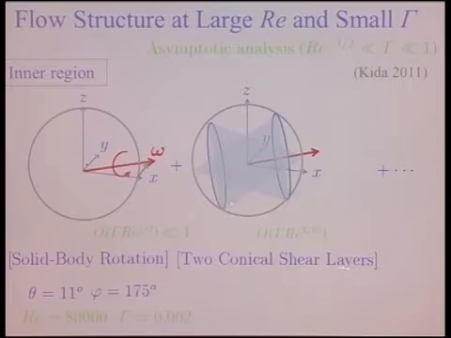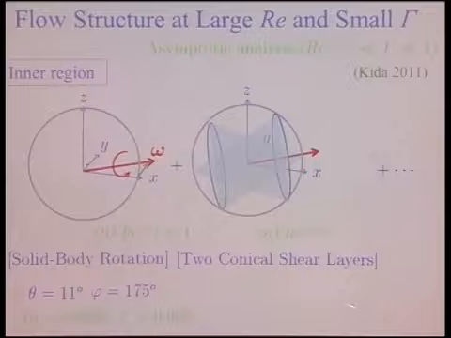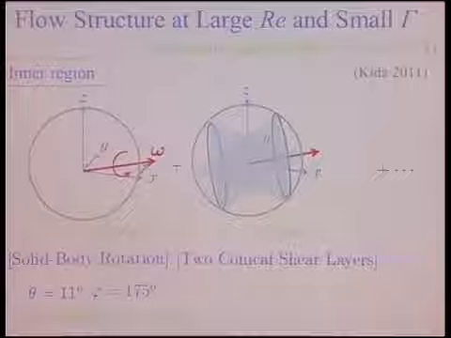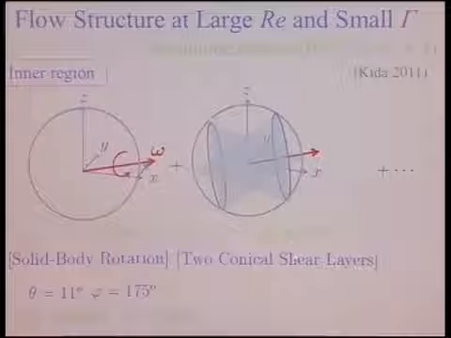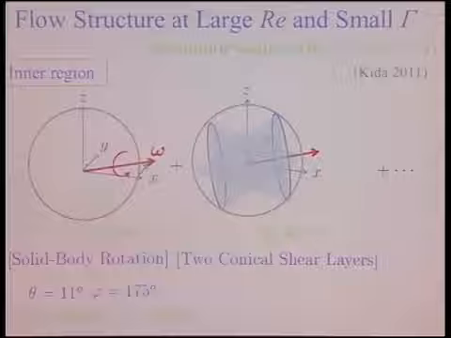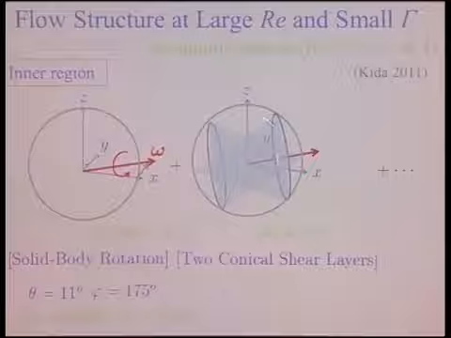And the second order is what we call conical shear layers. This is a thin layer, and the order of the velocity is like this. This is small but larger than the other part.